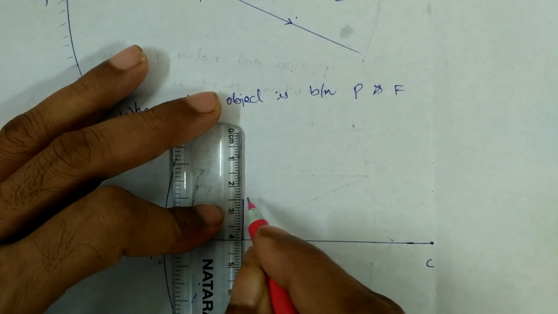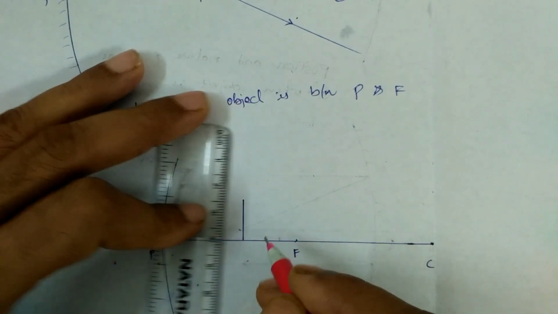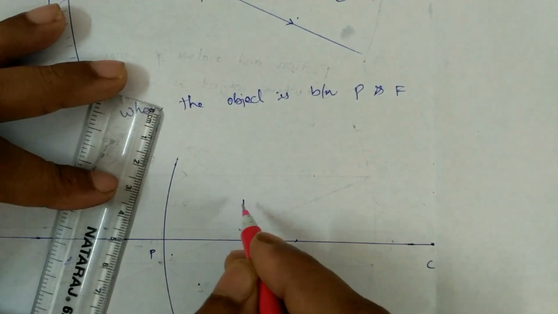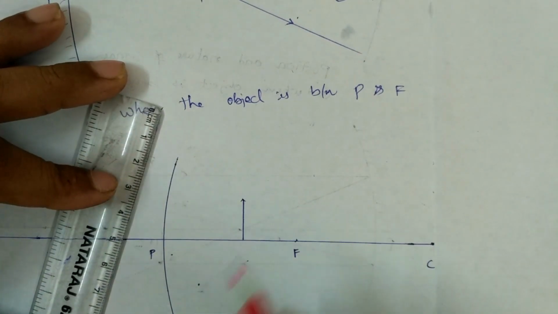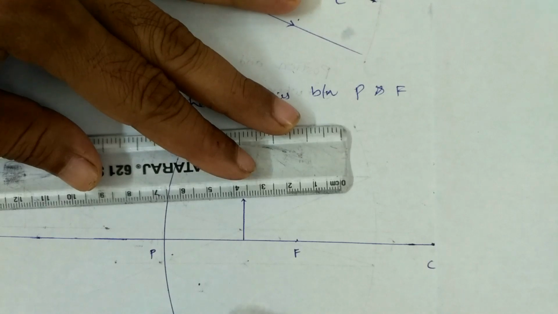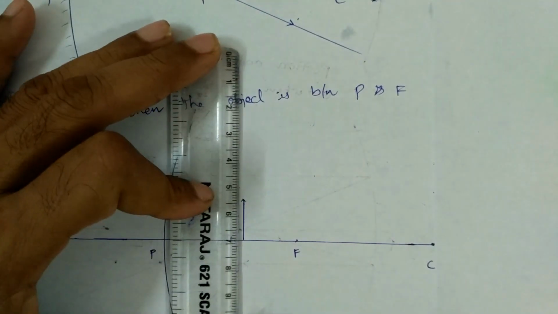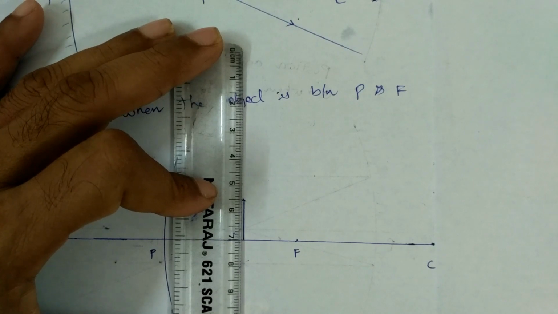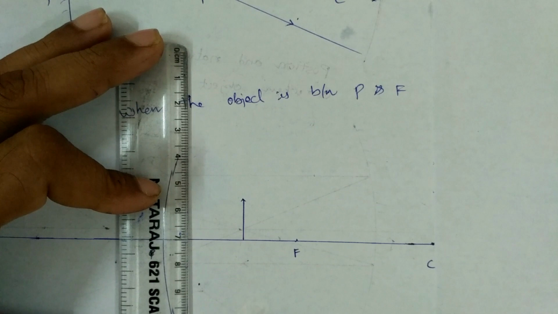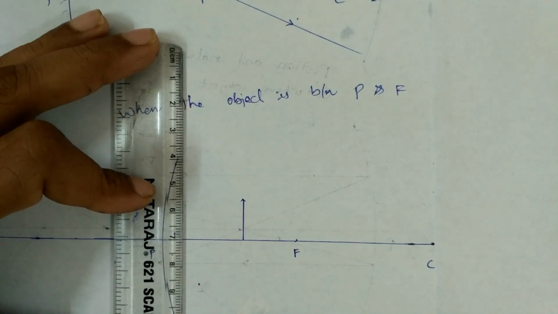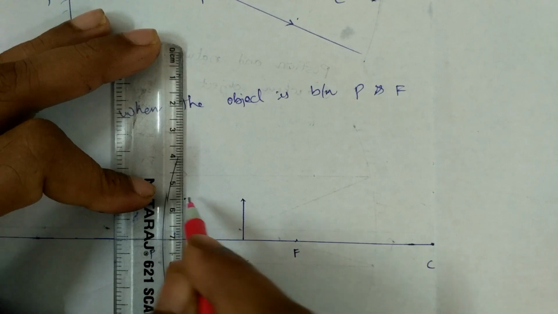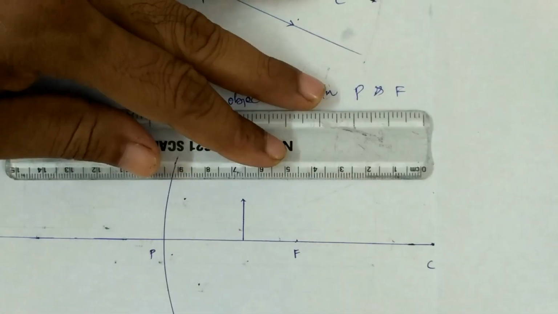Small object I am taking. This is the object, top of the object, and at the same height. Let me measure the height once. Exactly 1.5 centimeters. I am keeping another point with 1.5 centimeters to draw a parallel ray.